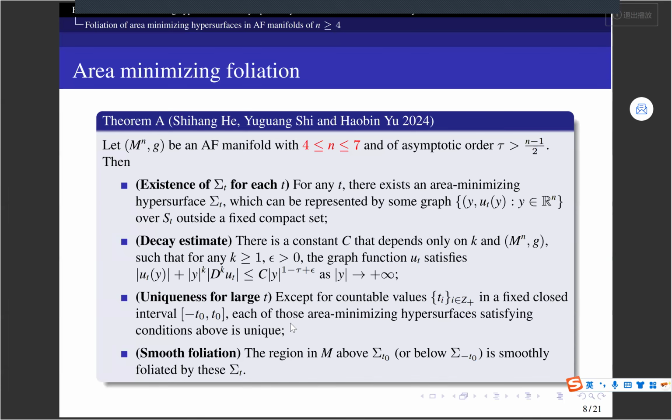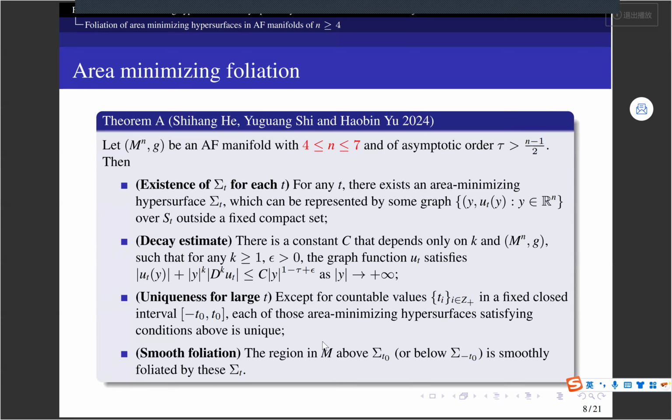Furthermore, when T is sufficiently large, that means when the hyperplane is very high or very low in the AF manifold, you can show that the area minimizing hypersurface asymptotic to that hyperplane must be unique. Actually, you can expect that the hypersurface has very nice behavior since the geometry of the AF manifold at a very far place is very close to that of a standard Euclidean space.